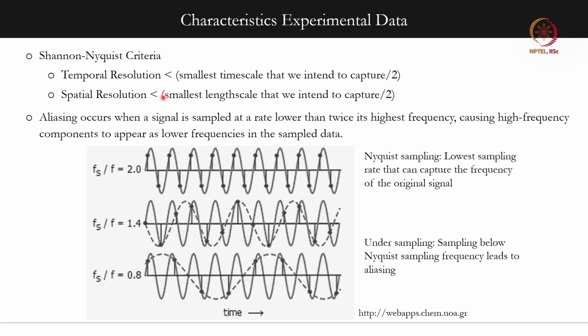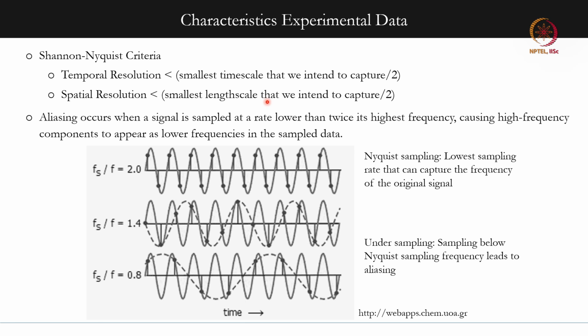Now the same analogy applies even in the spatial domain. If we want to capture a length scale of L, then our spatial resolution should be lesser than L by 2. This essentially is the Shannon-Nyquist criterion, and this is very important while setting the recording rates for our sensors and cameras.